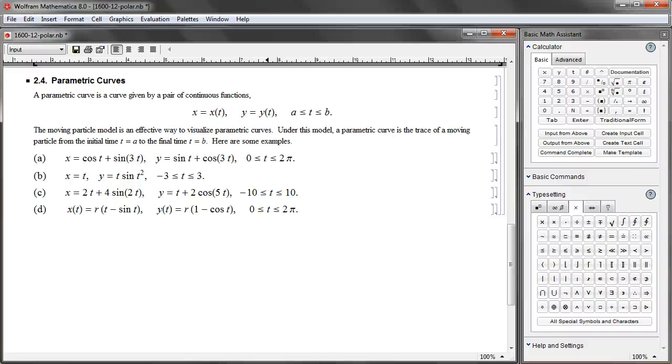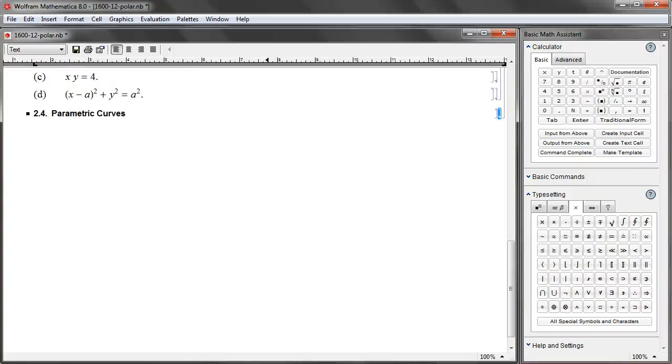Because in polar coordinate, x is r cosine of t, y is r sine of t. But then again, if we do away with that restriction of r cosine of t, r sine of t, and consider x as arbitrary function of t, and y as arbitrary function of t, then you're going to get really arbitrary curve.